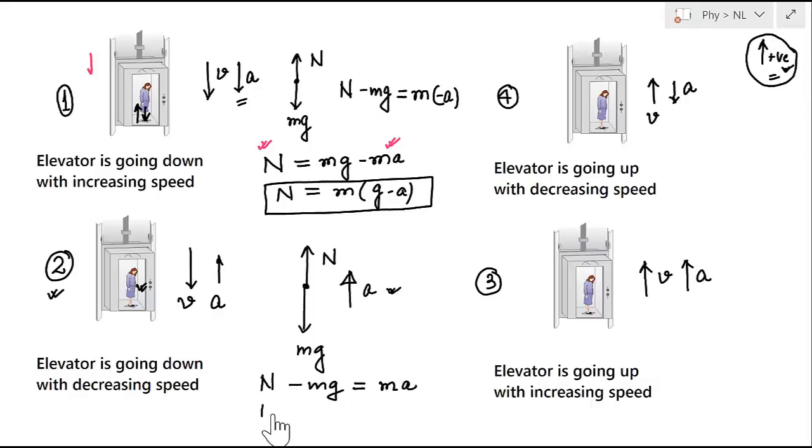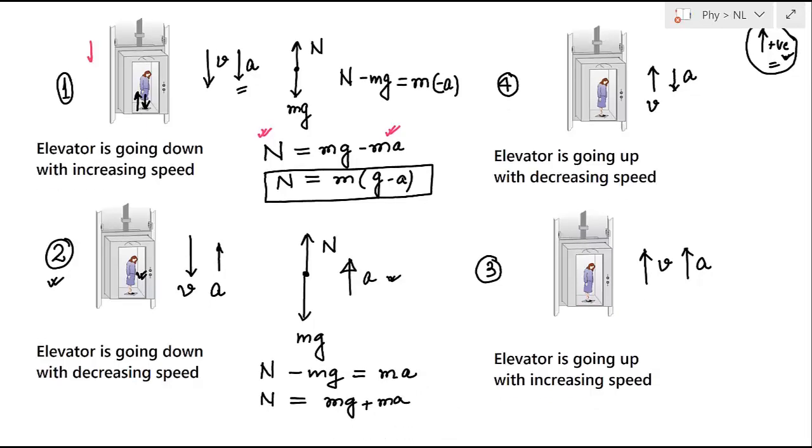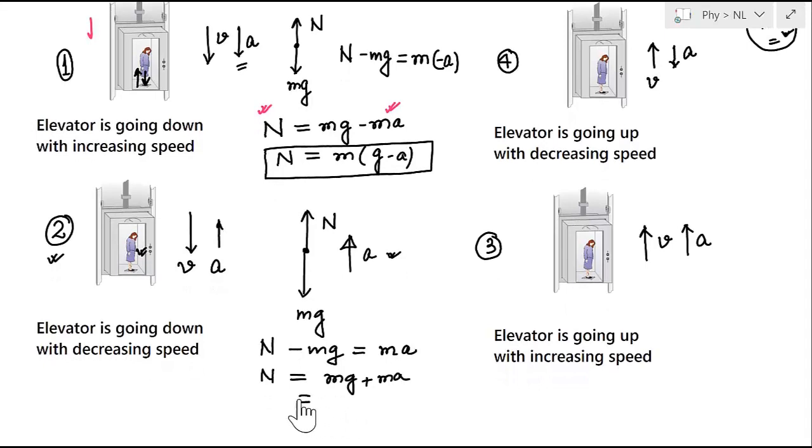So from here I can write N equals mg plus ma, or N equals m times (g plus a). So you see, in this case the moment is going to experience more force, or she will experience more weight. So apparent weight in this case is more than the actual weight.